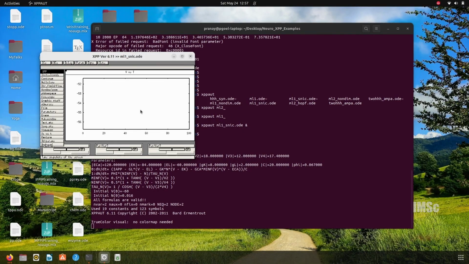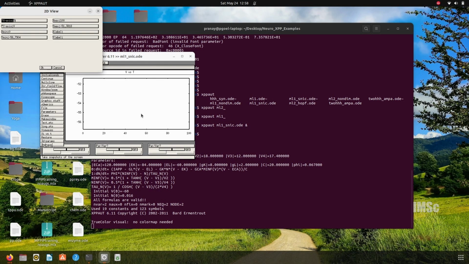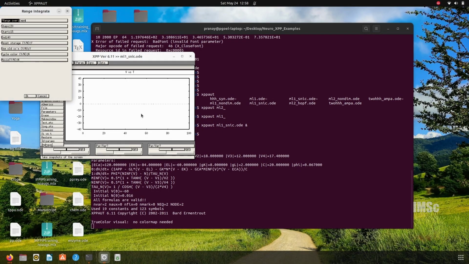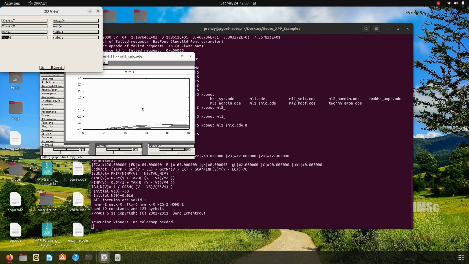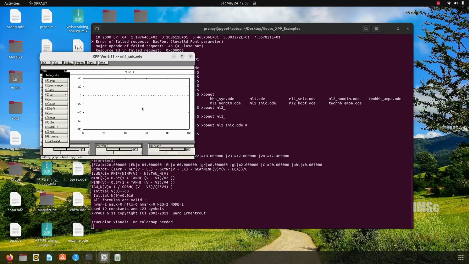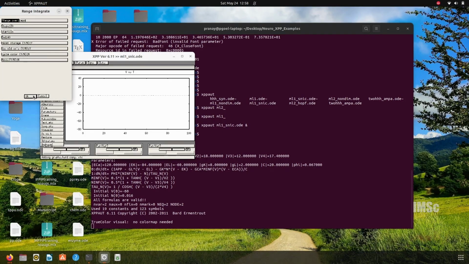Oops, I should set up my viewport to observe all these properly. So, y min should be, say, minus 40, and a good value for the maximum could be 40. Oh, not quite. See, this is what is involved in playing around with things. You don't quite get what you want and you change things until you get something interesting.